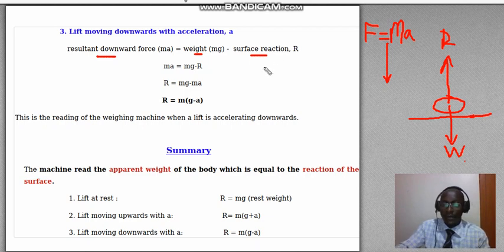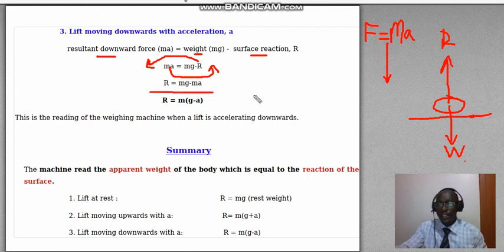And as we have done before, you make the reaction subject of the formula, meaning you are bringing the reaction on this side, you are bringing ma here on this side. You are going to arrive at this relation here, which is the reaction.